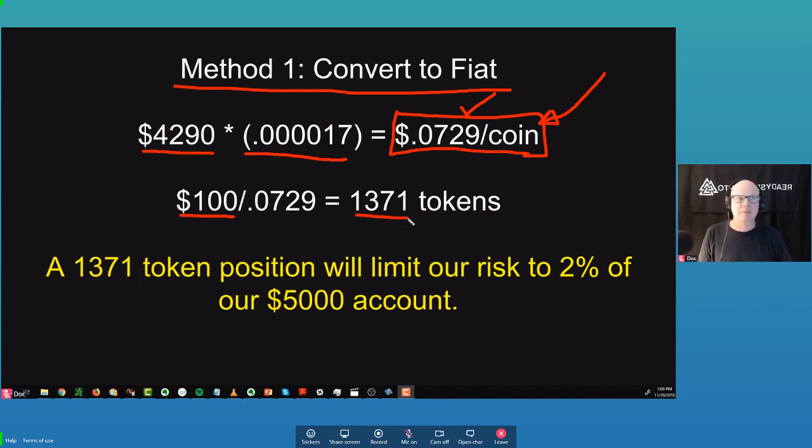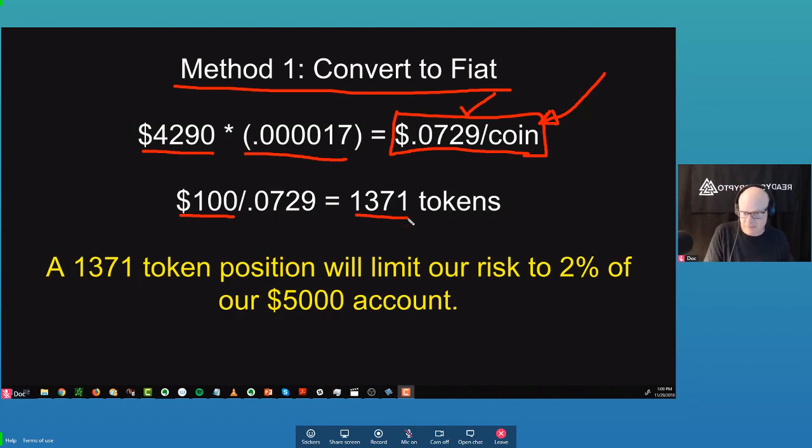So that is my bottom line result: if I want to risk $100 of my account, I'm going to purchase 1,371 tokens of WAX versus BTC.